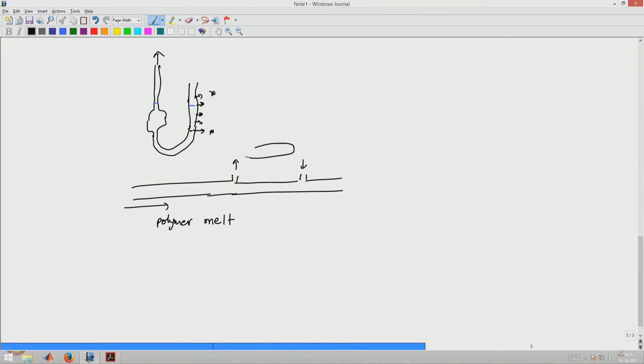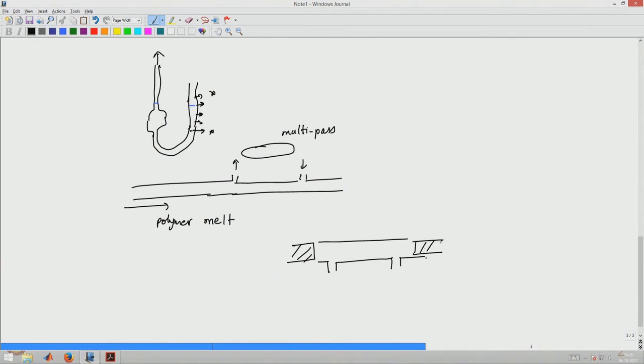So, the multipass rheometer will be somewhere included in this, and a multipass device is nothing but again a capillary, and in that there will be a piston.